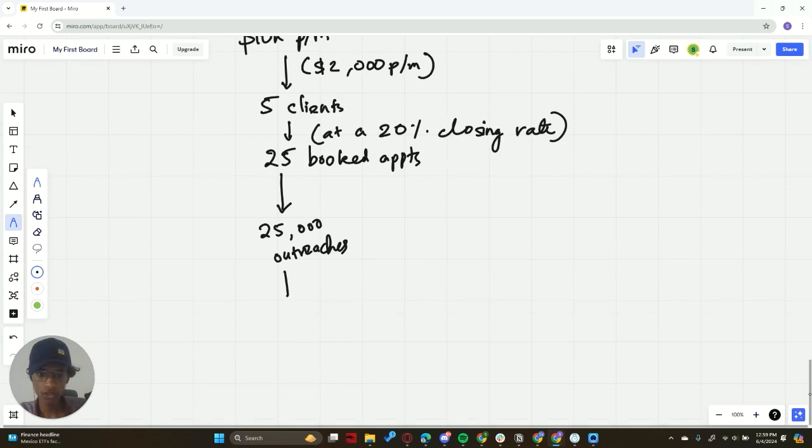And for 25,000 outreaches, what's my daily outreach target? That would be, assuming 20 working days, let me do the math, right? 1,250 outreaches.